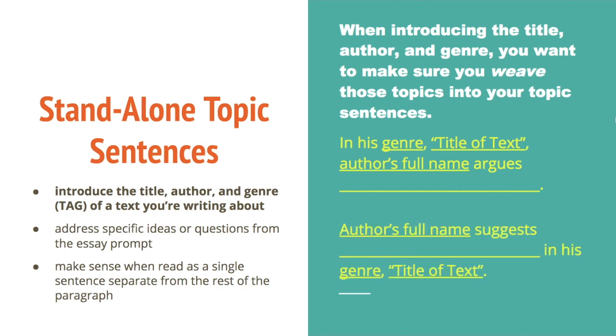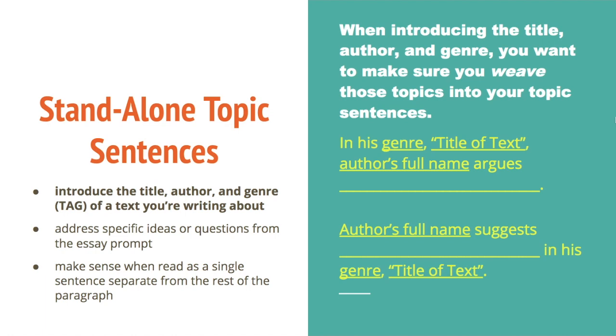Or you might frame it like this: John Steinbeck suggests what in his novella, The Pearl. Either of those would work, and then of course you would fill in the genre, title of text, or author's full name based on your specific text.